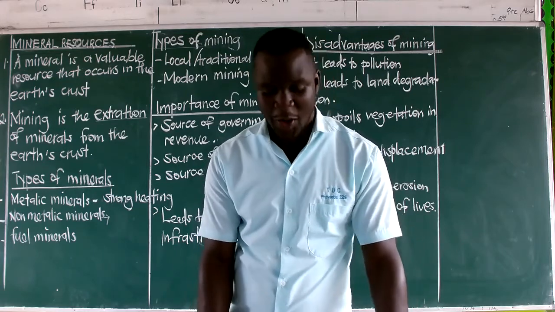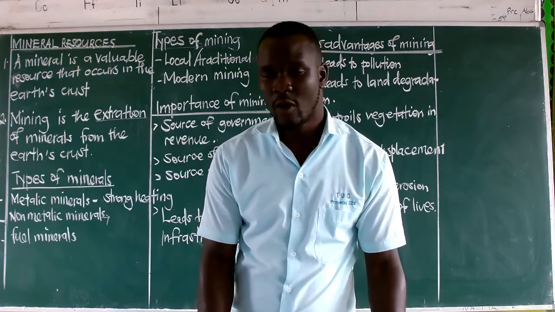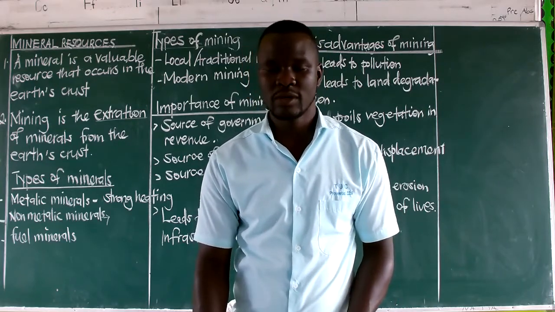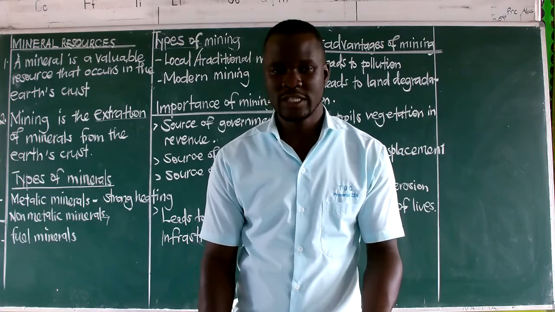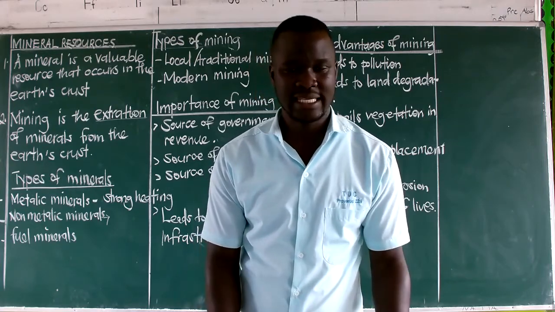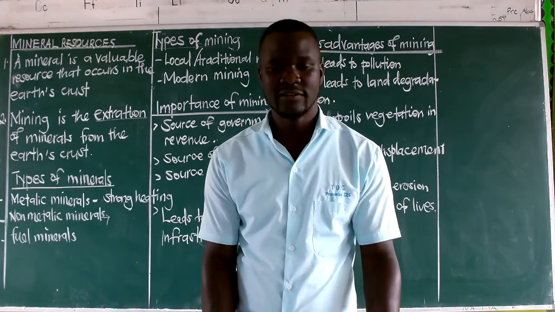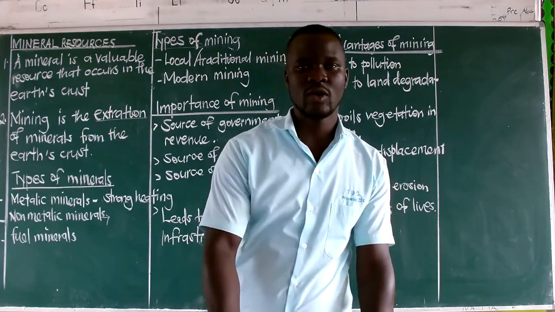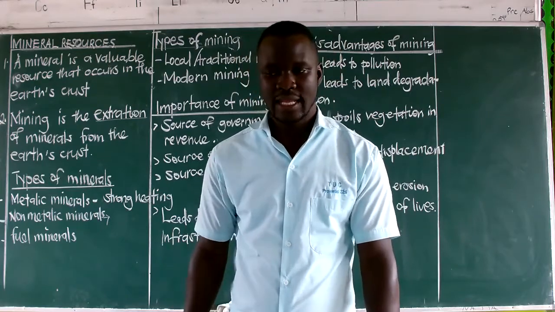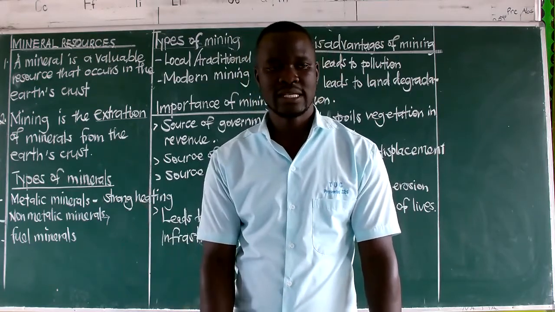And then also by buying more machinery, that is to address the problem of poor technology. And then we have training people on the mining skills. People should be taken for training so that they get to know how to mine and how to operate these machines, and they will be able to get the minerals.